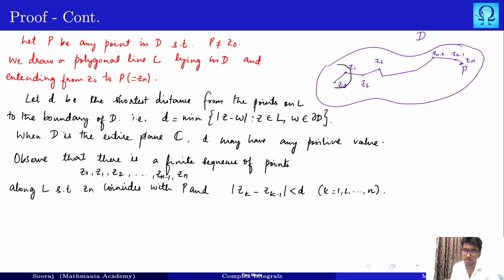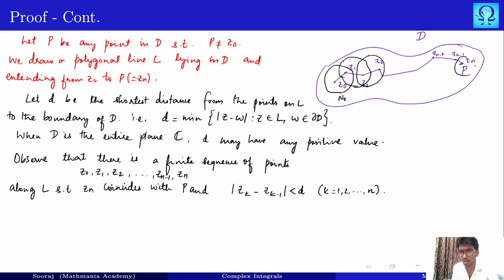Make sure that when you take a neighborhood of the z naught, the point z1 is covered inside this, and let us name it as N naught. Next, when you take a neighborhood of the z1, make sure that it is covering the point z2, and when you make a neighborhood of this one, you are covering the point z3.